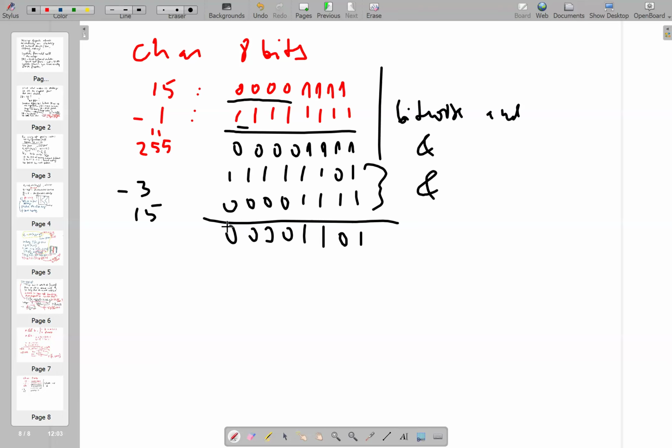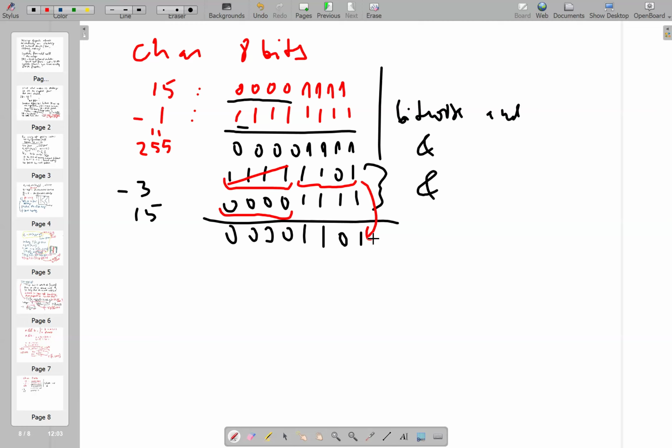Basically, we have the same number we had before, but our mask zeros all those. So we remove all those, and what remains is this one here.